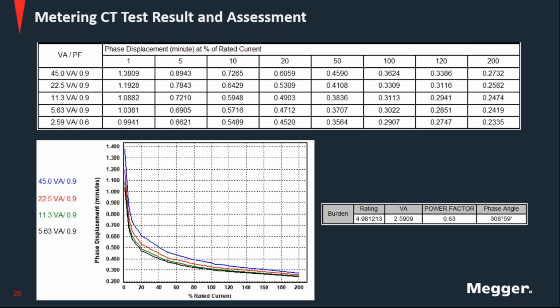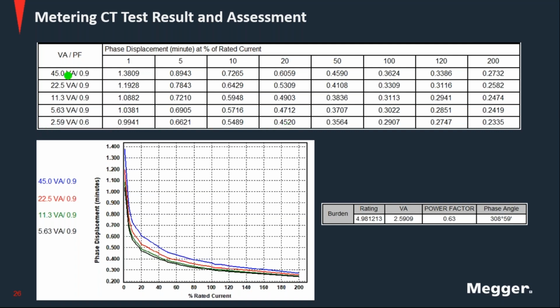Now remember that we also have to evaluate the phase deviation. It's not only the ratio, it's also the phase deviation that you need to assess and to evaluate. So we have exactly the same thing at different conditions of rated current, and different loading conditions. And this is with the actual burden that is connected at that CT at that moment.